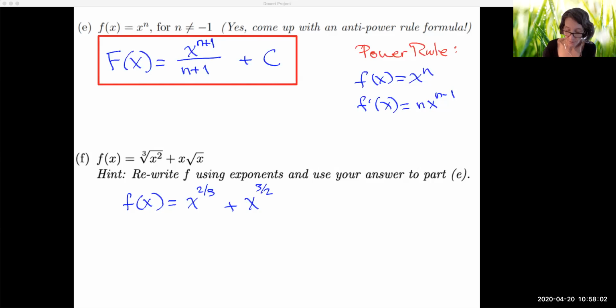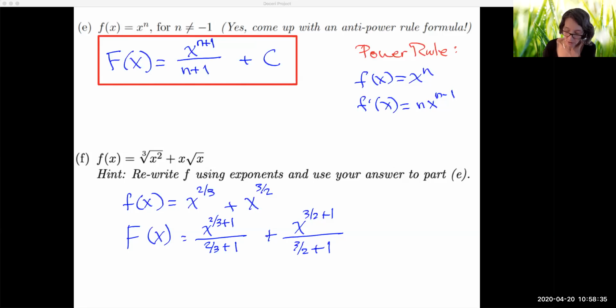So now, using the formula that we got in the previous problem, we can anti-differentiate this, and we get x to the 2/3 plus 1 over 2/3 plus 1, plus x to the 3/2 plus 1 over 3/2 plus 1.